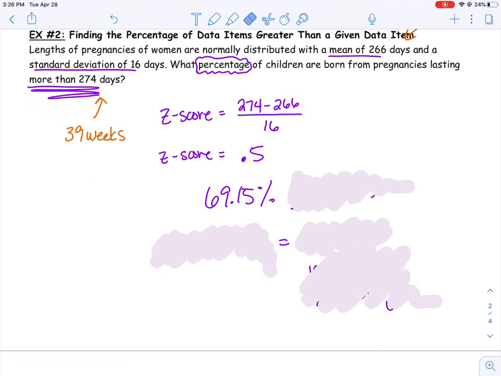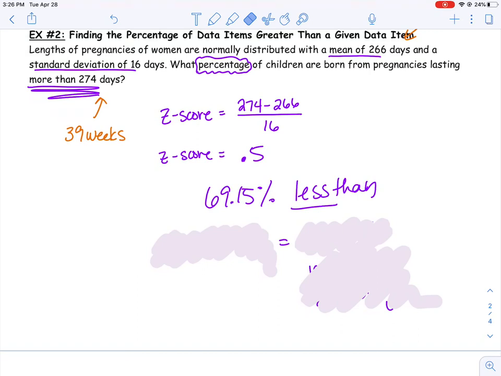So if we are 0.5 standard deviations above the mean, we're in the 69.15 percentile. Now be careful. The 69.15 percentile means that 69.15% of people are below you, less than you. Remember, percentile is less than. But that's not what the question was asking. The question was asking how many people are more than you.